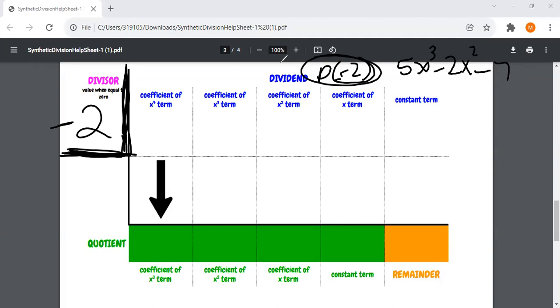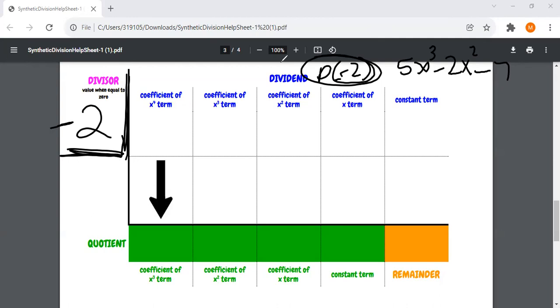Now, you can see conveniently the little chart tells you where you put the coefficient of the 4th term, the 3rd term, 2nd term, and so on. So it actually labels it for you, which is nice, and it goes from 4 down. It's not very helpful when you have x to the 5th, but I don't think we'll get that high anyway.